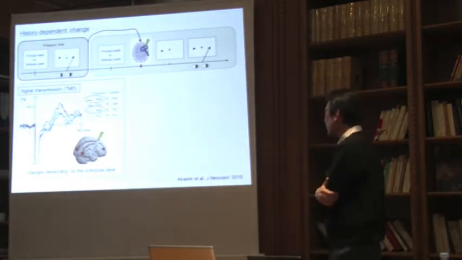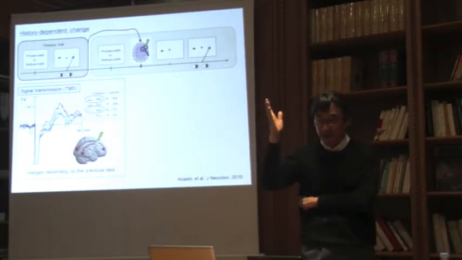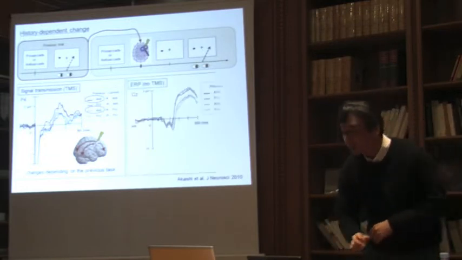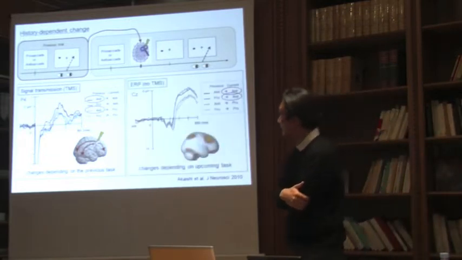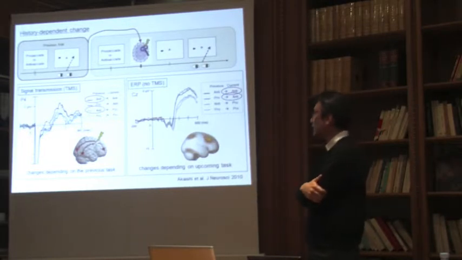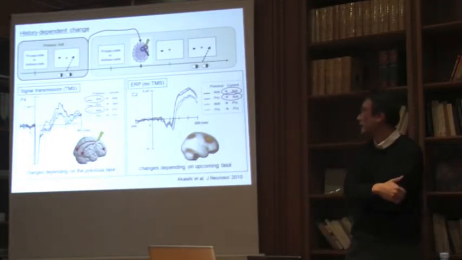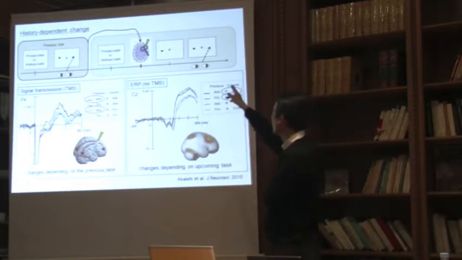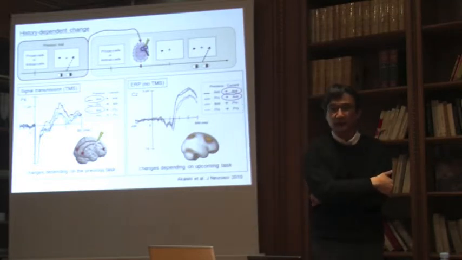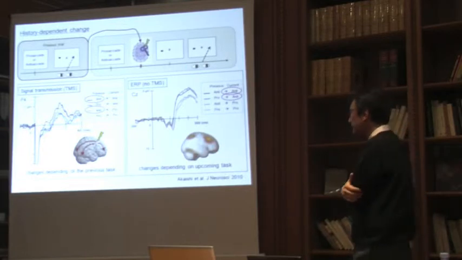Then, you might wonder, how can the subject perform the proper task? Because the transmission pattern continues to reflect the previous task. Then, we examined the event-related potential on no TMS trials. And the pattern of ERP changed depending on the current task. You can see larger negative potentials when the subjects were about to perform the anti-saccade task, irrespective of which task they had performed on the previous trial.